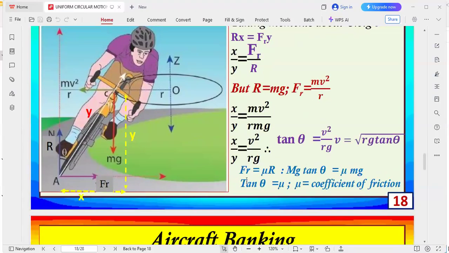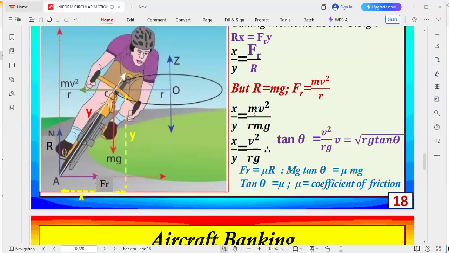Now, friction is also, from Newton's third law of motion, equal to the coefficient of friction, mu, times reaction. So, instead of writing mv squared over r in our substitution here, we are going to write mu mg.